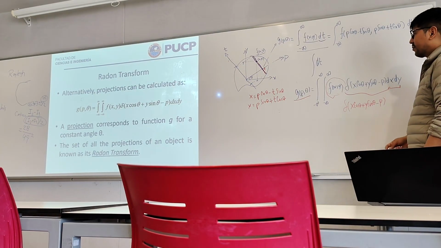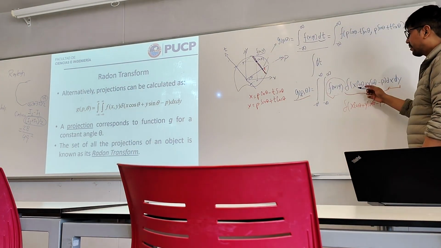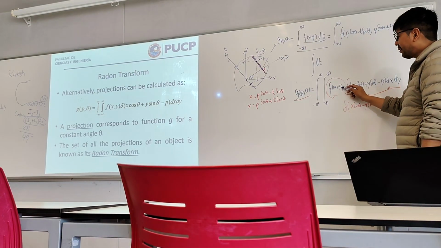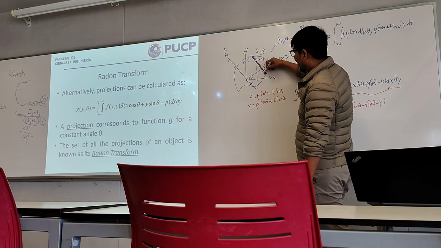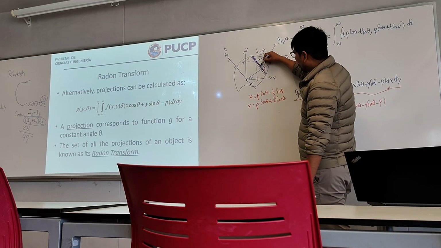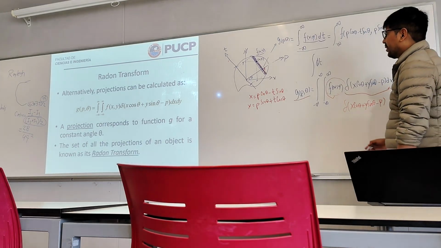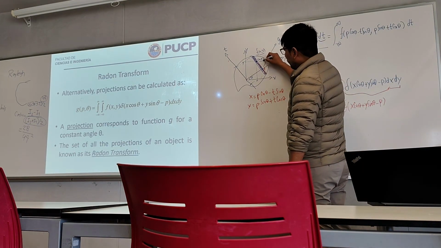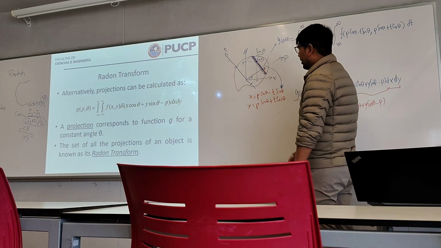It's like, in fact, this is a very similar expression. It's saying that, okay, you need to sum all the values of f(x,y) in this line. And that line, basically, for all these x, y values, we have this expression.